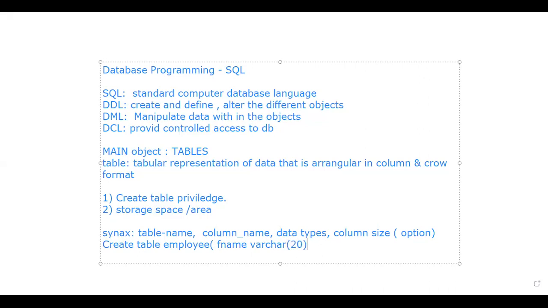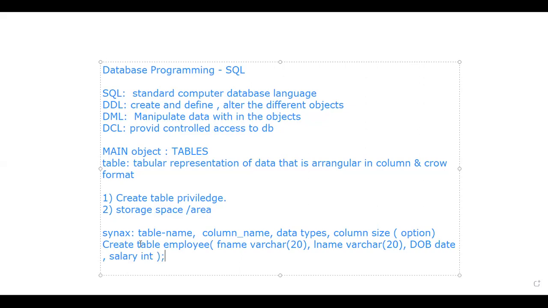We probably want to specify their first name. We want to specify their last name. We want to specify their date of birth, and I'll say their data type is date, and I probably want to capture their salary as well.